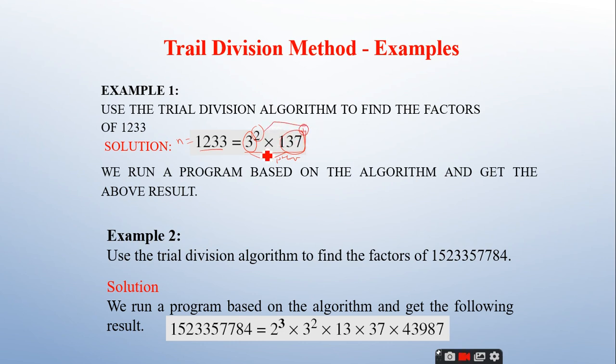These exponents are multiplied with these factors in the inner loop. Similarly, if you give the input 15233577784 to the trial division factorization method, you will get the factors 2 cube into 3 square into 13 into 37 into 43987. Clear? Just an example.